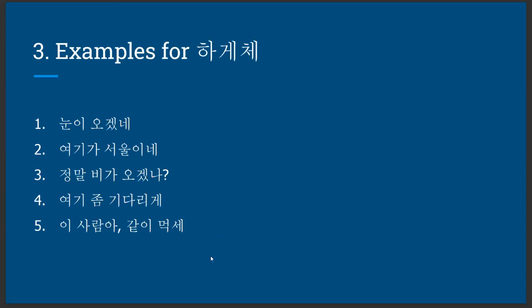For example, 눈이 오겠네. 여기가 서울이네. 정말 비가 오겠나? Like question. 여기 좀 기다리게. So it means 기다려, right? Wait here. Your professor might tell you to wait here using this language. 여기 좀 기다리게. And 이 사람아 같이 먹세.